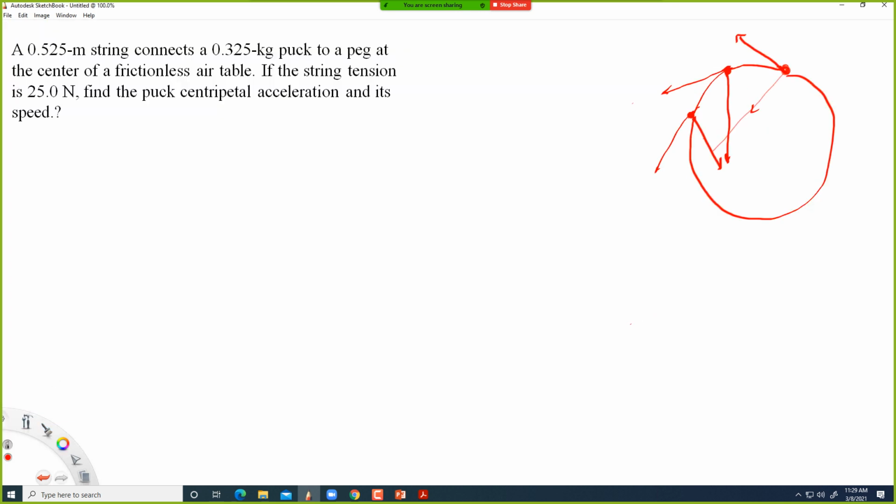So you have an object thrown straight along the horizontal direction, and assume that there is no gravity acting on the object. If there is no gravity, the object will just move straight this way. Okay? But because of gravity, while the object is moving this way, gravity is pulling it down, in this direction.